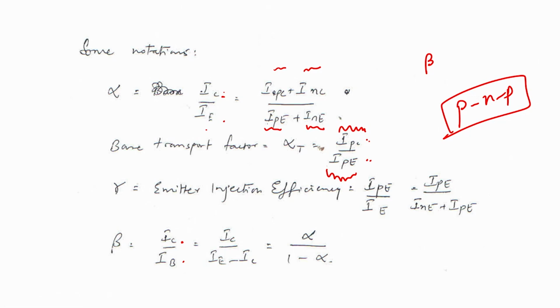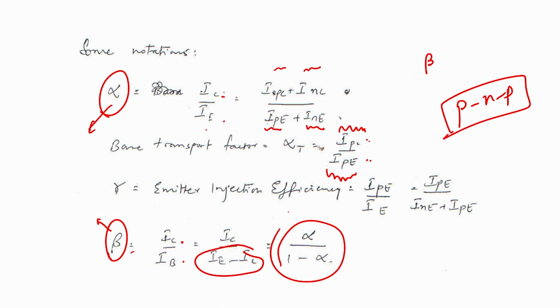So, you have all these terminologies. Most of you might be familiar with beta and alpha, but since you have already derived the general IV characteristics, these are now just terms that you could use for doing circuit design if you prefer. Okay, so, you now know what is hidden behind these terms. And since IC, IE and IB are also related by this relation, beta and alpha are also related.